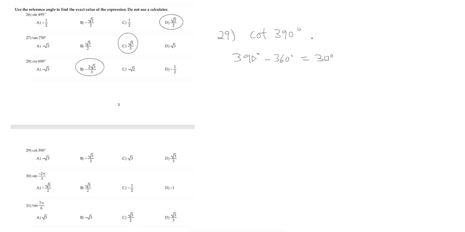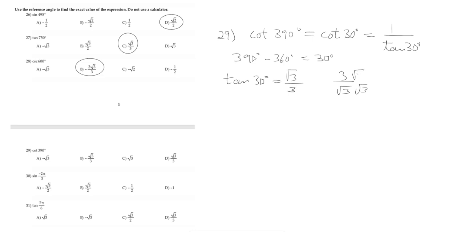This is equal to cotangent 30 degrees. And cotangent, wow, is the reciprocal of tangent. Tangent 30 degrees, I remember from the blue table, is root 3 over 3. The reciprocal of this is 3 over root 3.